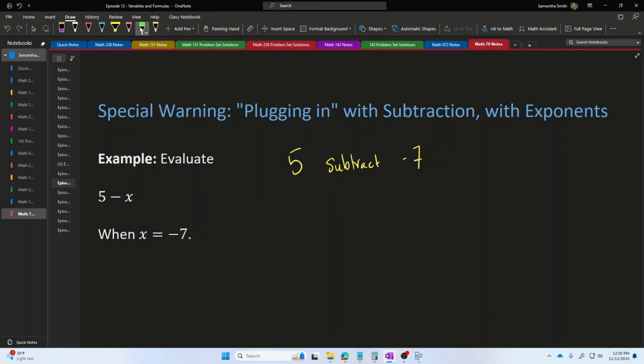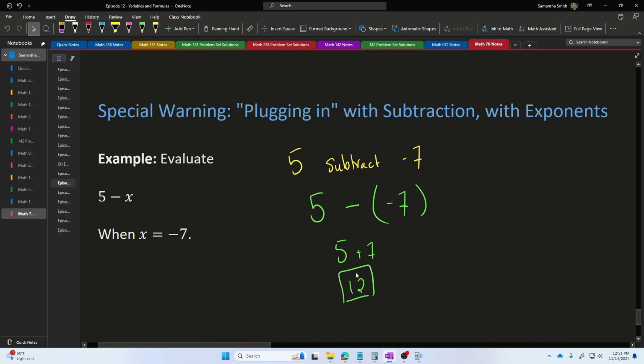To write that in symbols, I would write 5 minus negative 7, but don't forget that we don't like to have a minus sign and a subtraction sign right next to each other. I would put the negative 7 in parentheses. Once that is done, I can finish the calculation either by hand or by a calculator, and I get a result of 12. So 5 minus x becomes 5 minus negative 7, which is symbolically written as 5 minus parentheses negative 7.